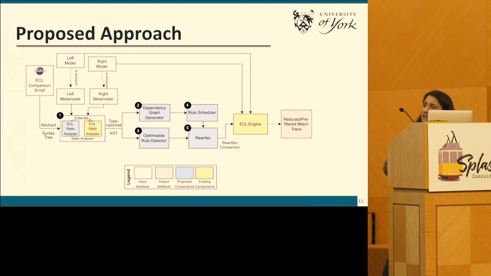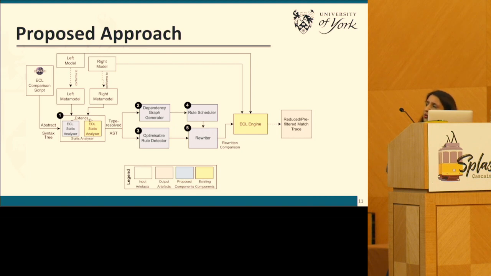If you remember the diagram I showed you earlier about Epsilon, because ECL extends EOL, the static analyzer also extends the static analyzer of EOL. What comes out of the static analyzer block is a type-resolved AST, which would be the same AST as we've seen here, but with the type information attached to it.